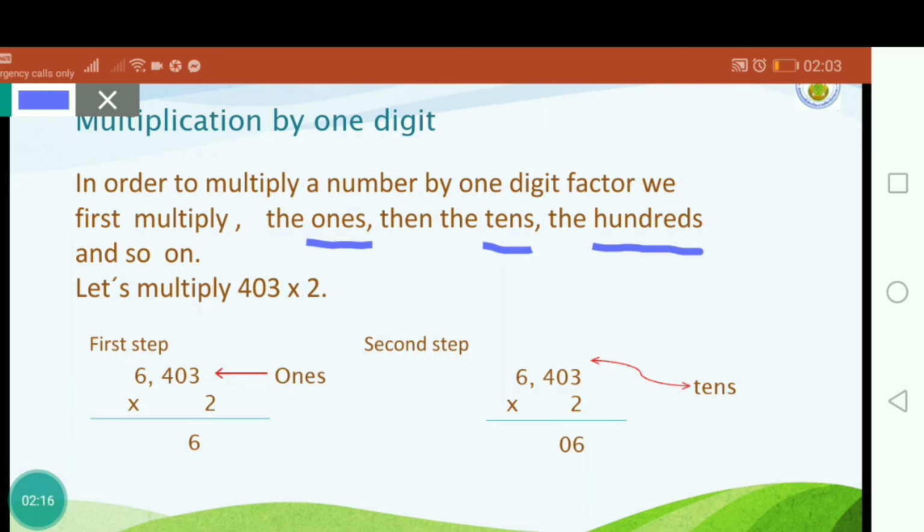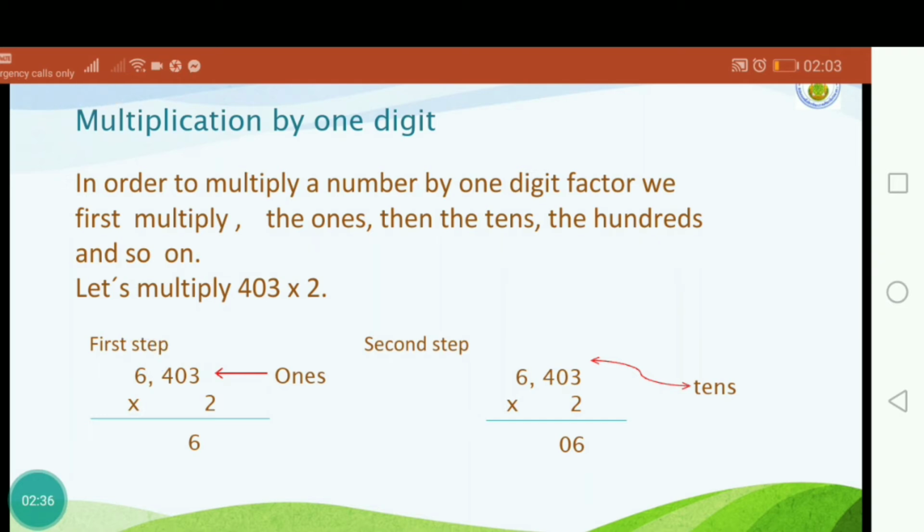So let's multiply 6,403 times 2. Again, these are the place values: ones, tens, hundreds, and thousands.